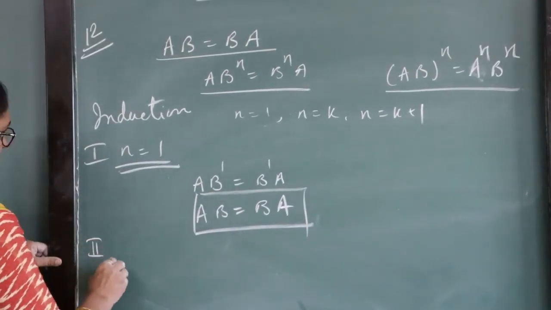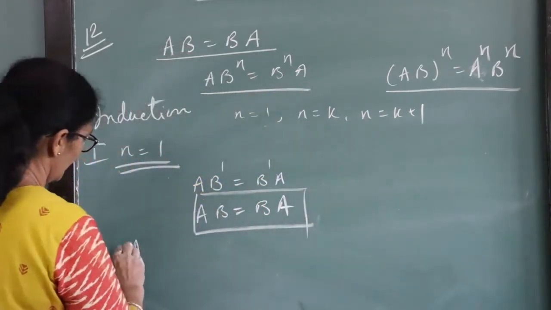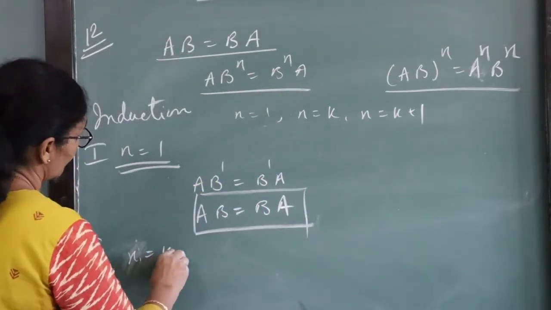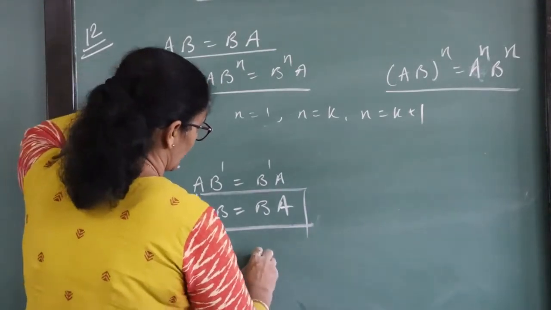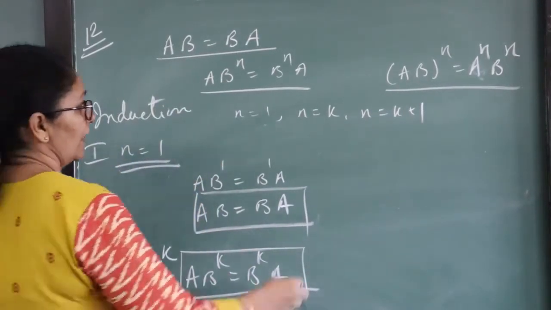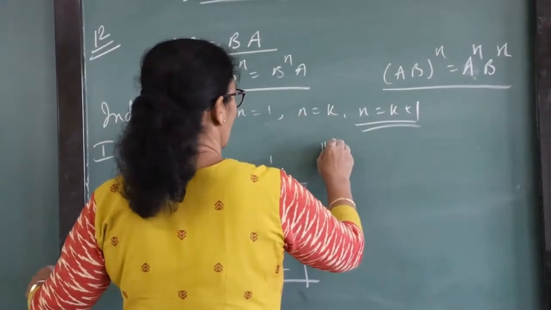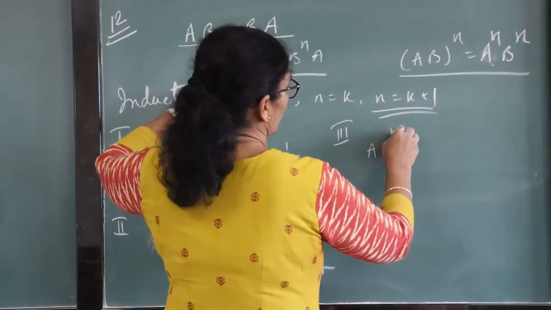Now the second result we will assume. From this you can say the second result will be for n equal to k: (AB) raised to k equals B raised to k into A. This result you can use directly for k plus 1. Now let's start with the third step. We can write (AB) raised to k plus 1.